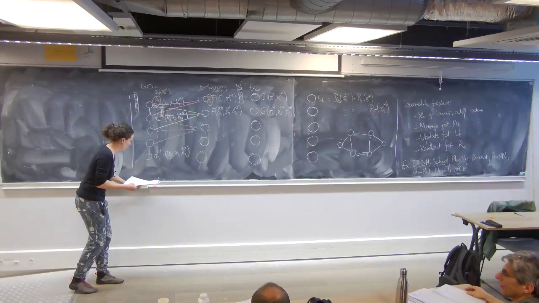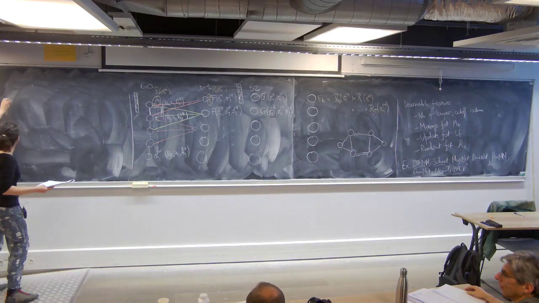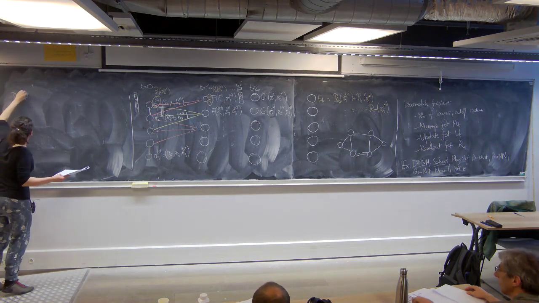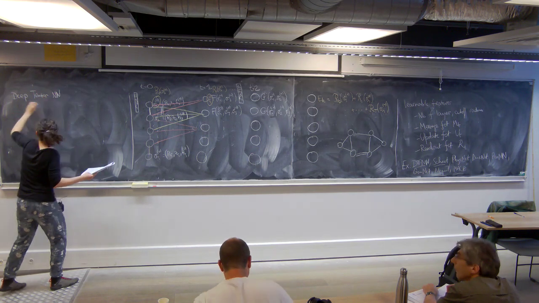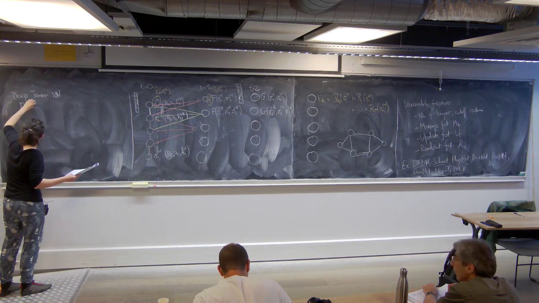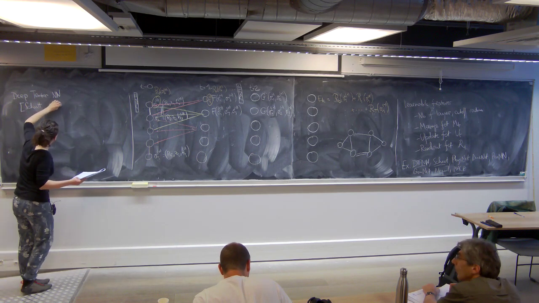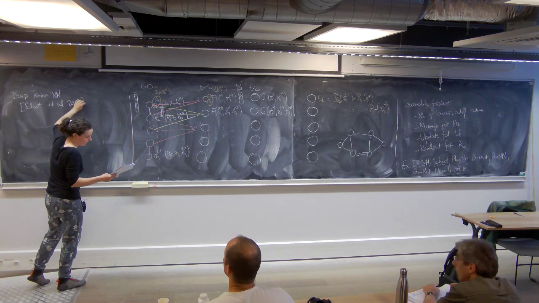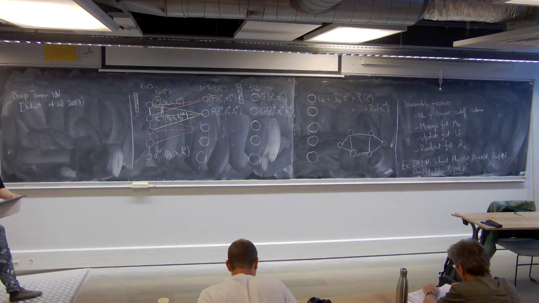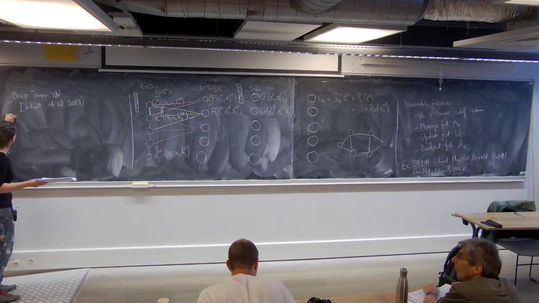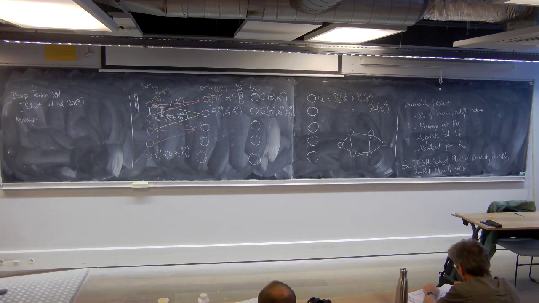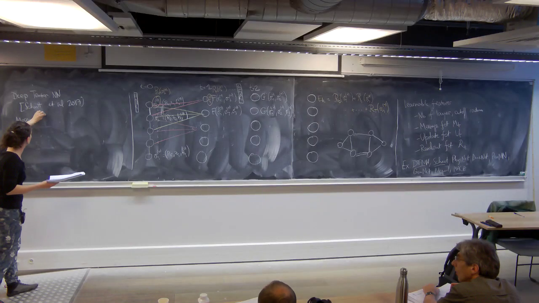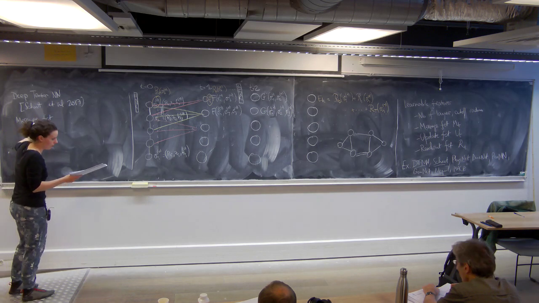Okay, so the first message passing neural network I want to discuss is deep tensor neural networks. This was proposed by Schütt and co-authors in 2017. Here the message function is a very small neural network, very basic, just one layer.